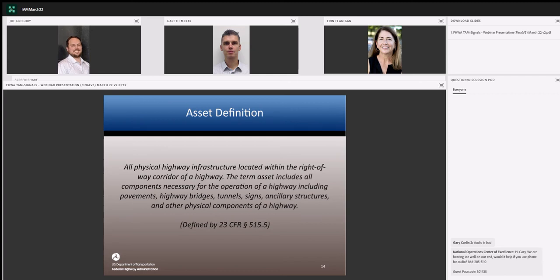There's a lot of different stuff here that needs to be considered, and people are grappling with that and are trying to address that. But from this perspective and the focus here, the starting point is we're looking at those assets within the right-of-way corridor that sit within this asset definition.